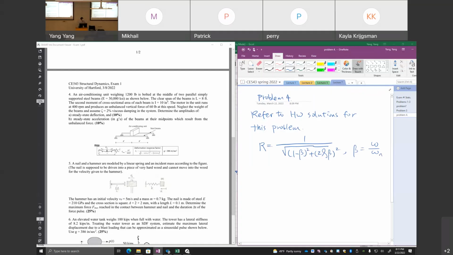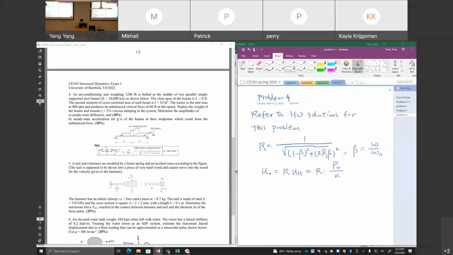If you calculate the value for beta, you should be able to calculate the R value, and then the steady state deflection amplitude should be R times the force amplitude over K, the stiffness of the beam.